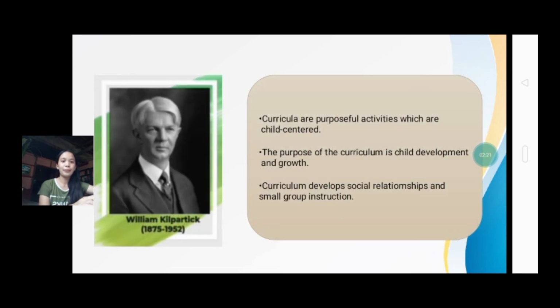So the next person is William Kilpatrick. He was a proponent and educator of the early to mid 20th century. He was a colleague of John Dewey and a proponent of Dewey's educational model. According to William Kilpatrick, curricula are purposeful activities which are child-centered. The purpose of the curriculum is child development and growth.